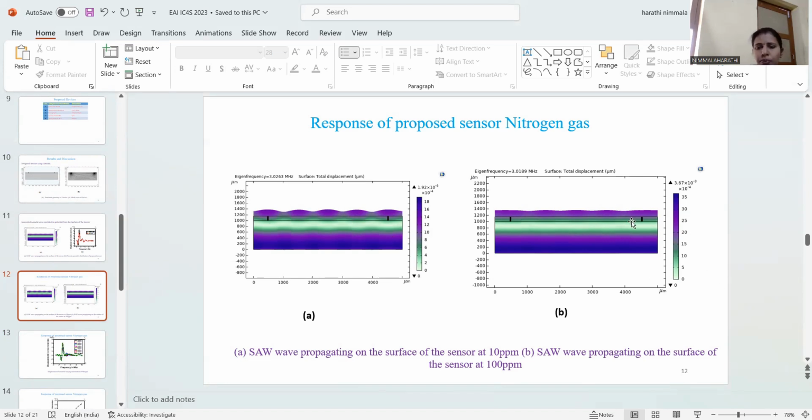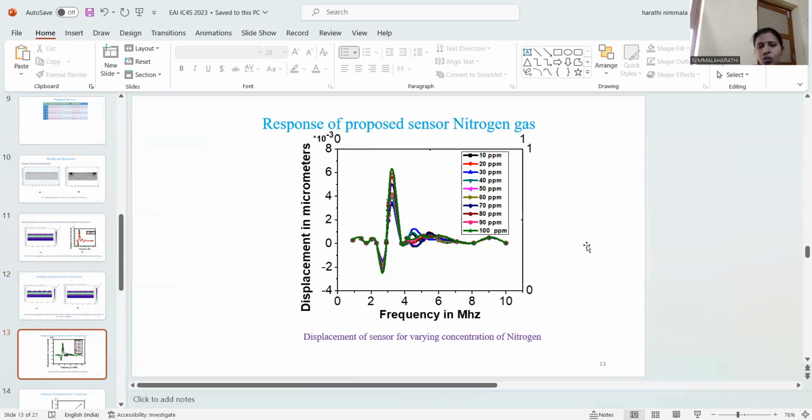Now, when we impose the gas, this is the displacement at 10 ppm of gas concentration, and this is the displacement at 100 ppm of gas concentration. With the variation of the gas concentration, there is a continuous variation of displacement over a frequency range. So when I have varied the frequency in the range of 1 megahertz to 10 megahertz, this is a variation of the displacement at various frequencies.